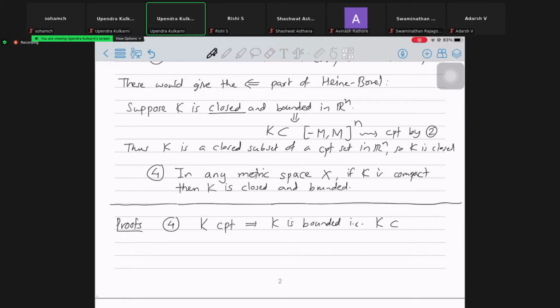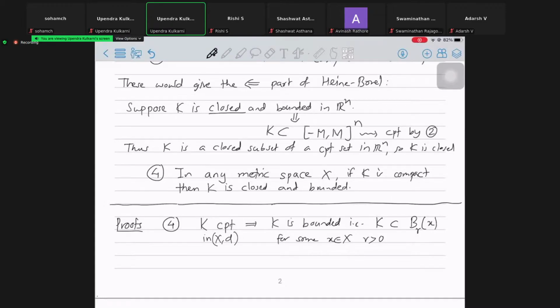K is contained in some ball B(x, R), where K is compact in the metric space X, for some x in X and R greater than 0.